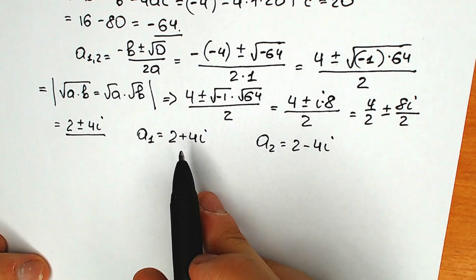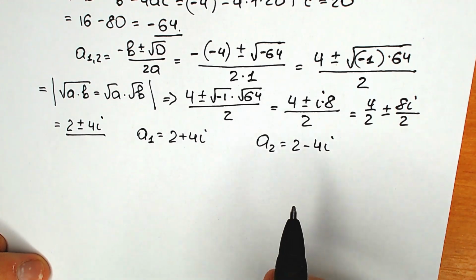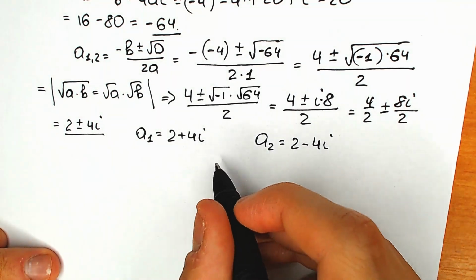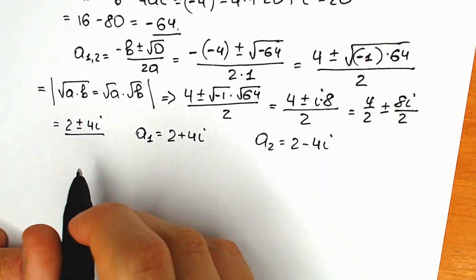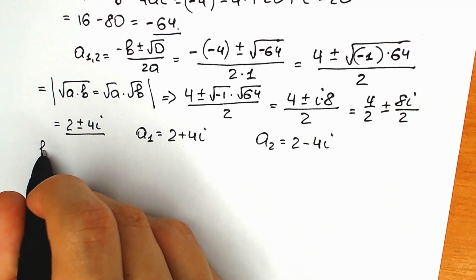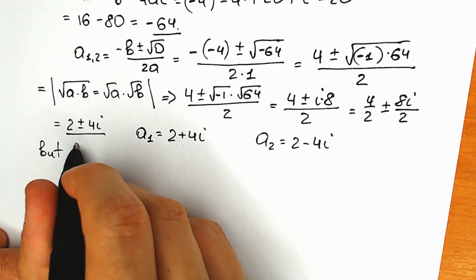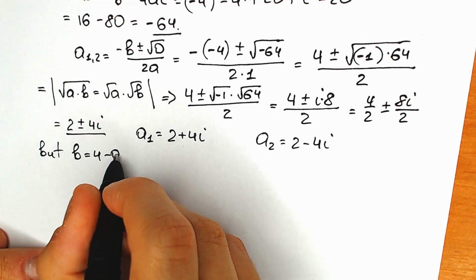So these are our two roots, and don't forget about our b, because we need to find it. So let's write right here on the left side. b is equal to 4 minus a.